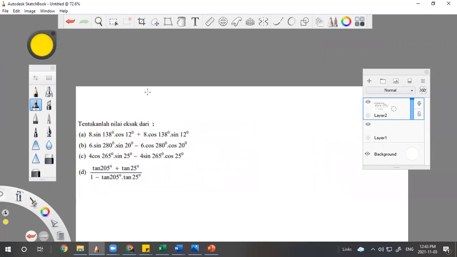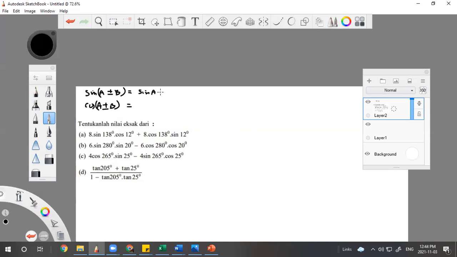Ini sebenarnya ada formulanya. Formula of compound angle sebenarnya. Karena kan angle-nya beda-beda. Ya kan? Jadi sin A plus B aja yang lu pakai sama cos B. Sin A plus minus B. Ya kan? Terus cos A plus minus B. Right? Ini jadinya apa?